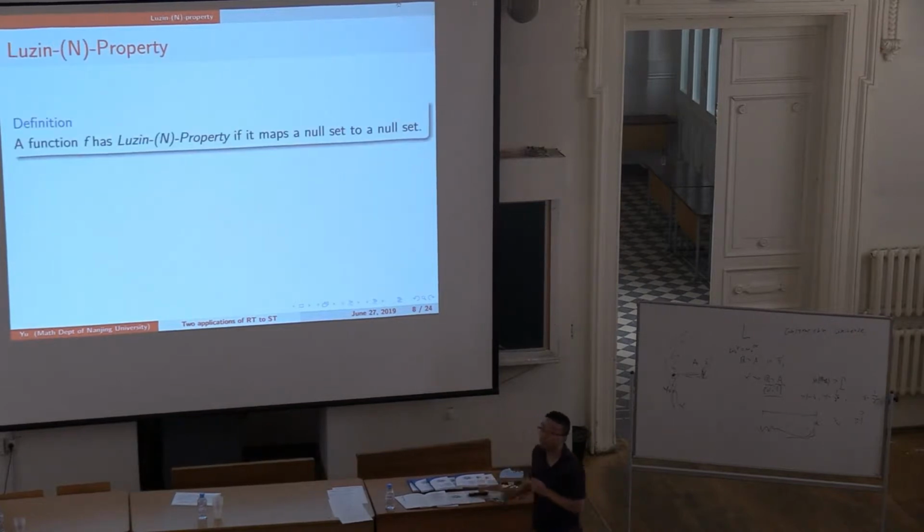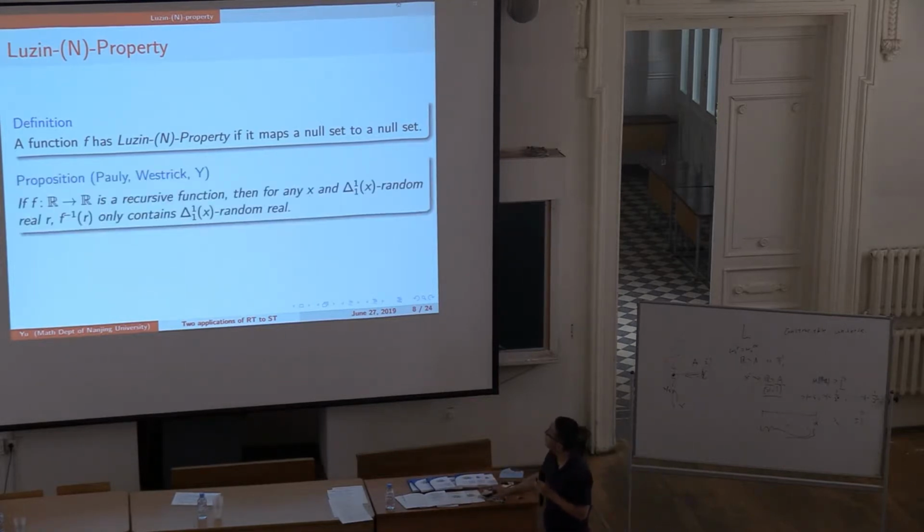Now let's look at analysis. A real function has the Lusin N property. It was introduced by Lusin: the function maps null sets to null sets. He introduced this notion to investigate which functions can map measurable sets to measurable sets. It turns out this notion is critical.